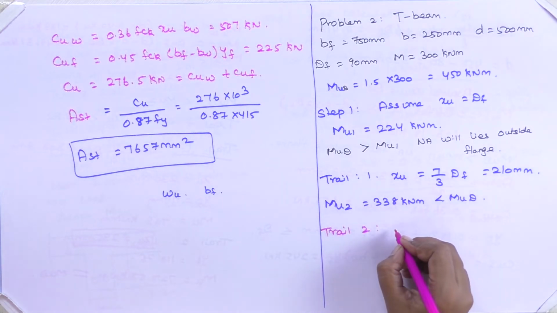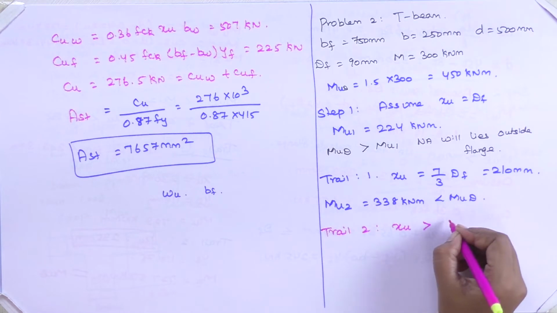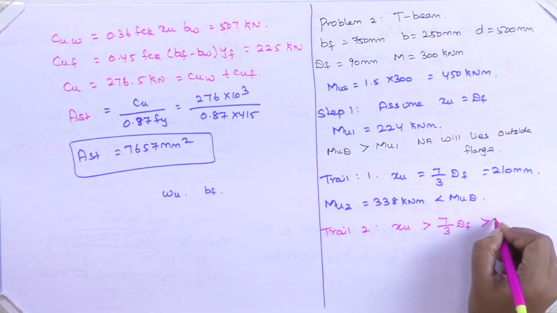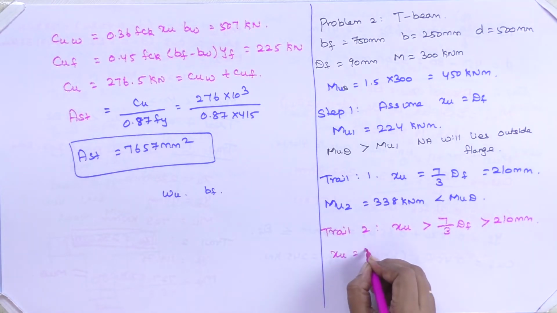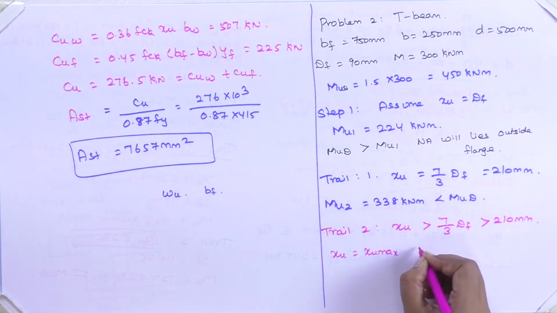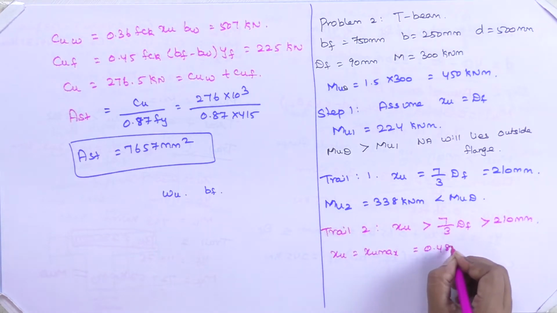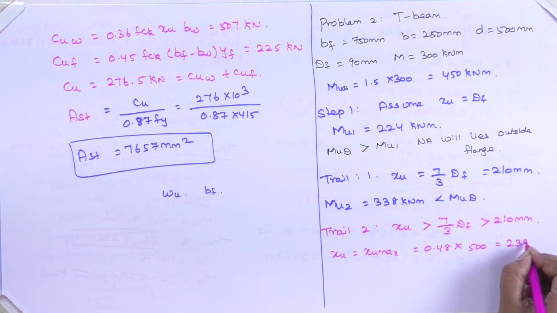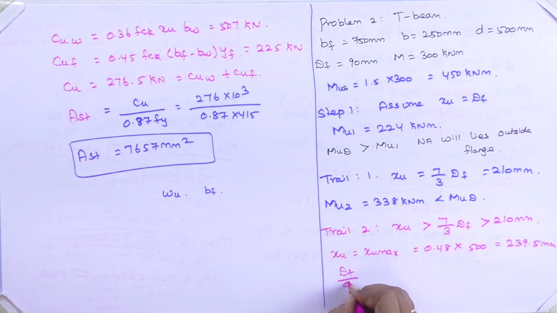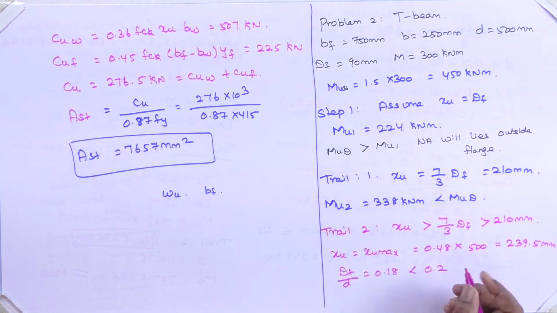Trial 2, XU greater than 7/3 DF, greater than 210 mm. Now XU is equal to XU max, I can put that as 0.48 into 500. I'll get around 239.5 mm. So DF by D is equal to 0.18, which is less than 0.2.